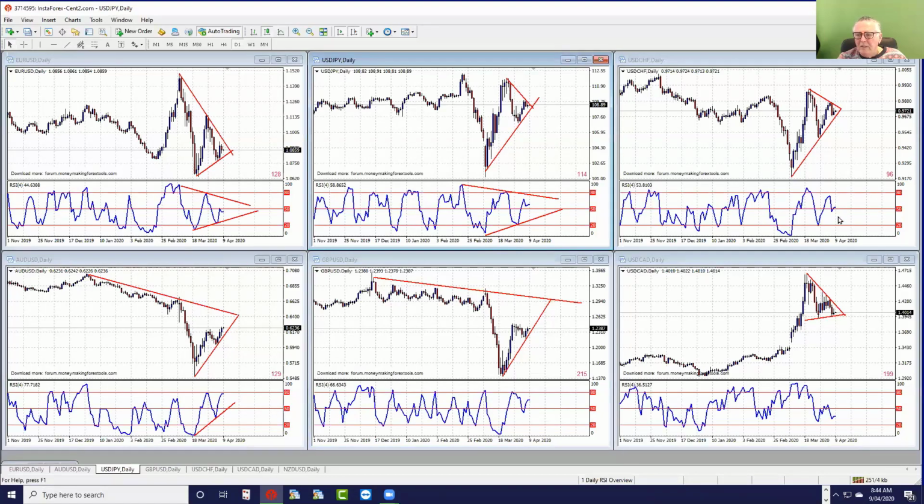So a triangle is a sign of increased indecision. When a trend happens, there's a lot of decision. Everybody's agreeing, oh, the price must go up. So when it's going up, there's confirmed decision that the price should be going up. When it's going down, likewise.